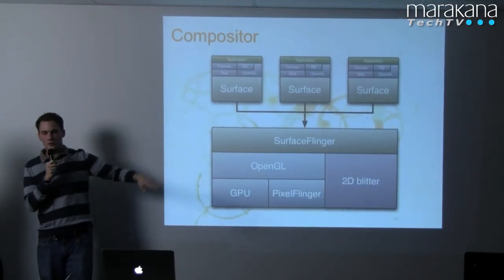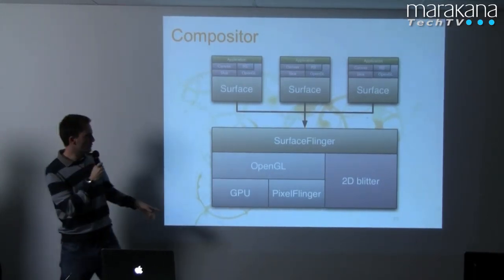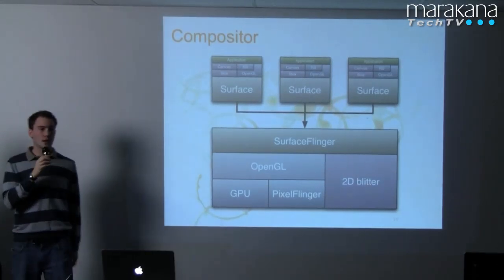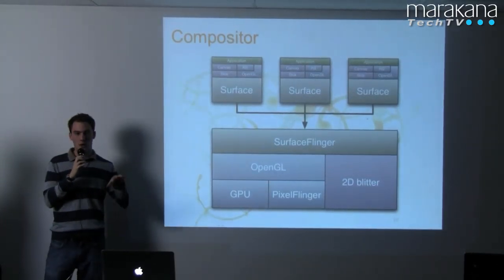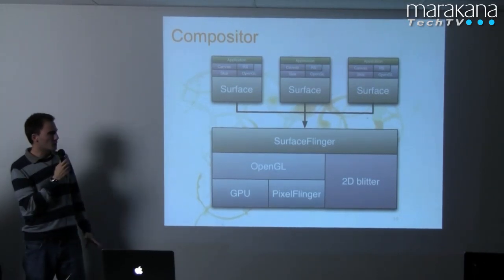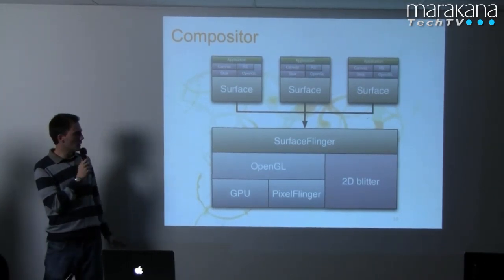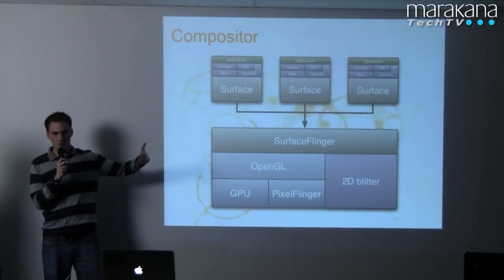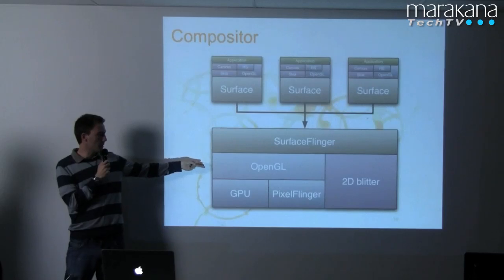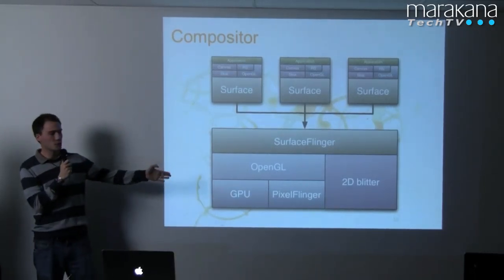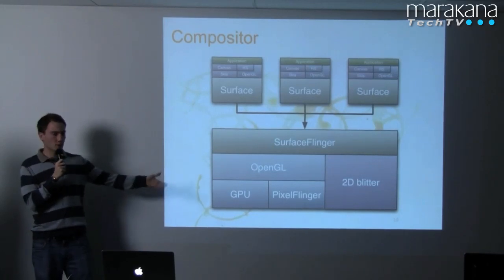The first Android phone that was released, the T-Mobile G1, was using a 2D blitter that was called the MDP. There was a special 2D engine, a hardware chip that could do 2D really fast. Aside from the T-Mobile G1, I think everything else uses OpenGL. And so once again, because it's OpenGL, it either relies on the GPU or on Pixel Flinger. So in the emulator, we're going to use Pixel Flinger. On an actual device, we're going to use OpenGL.